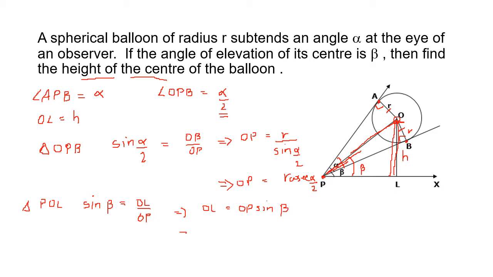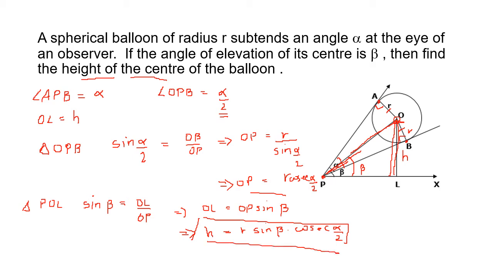But what is OL? OL is the height we want to find. And OP we already found. So we have the answer: r sine beta into cosec alpha by 2. So this is the height of the center of the balloon.